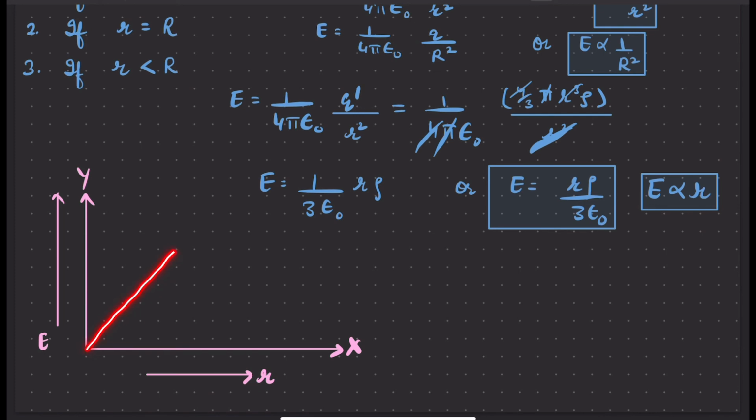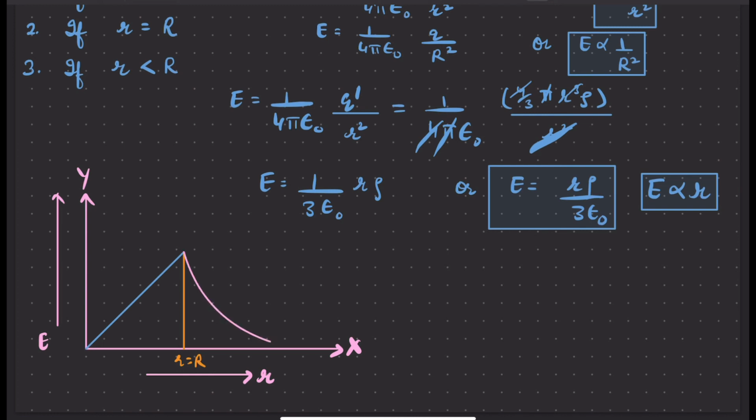In case of directly proportional, we have a linear graph, so it will keep on increasing until its maximum value, which will be reached when small r is equal to capital R, and after that it will start decreasing obeying the inverse square law. So the portion will be like this.